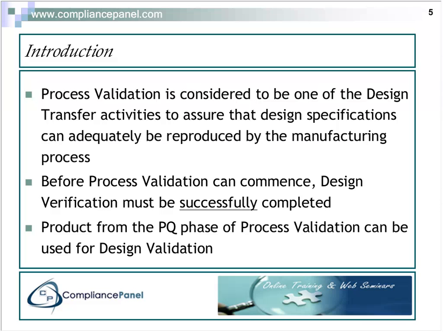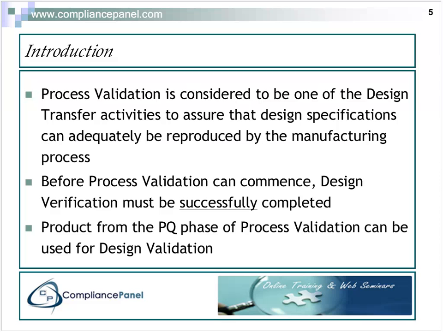Before we can implement or begin our process validation process, we must have a successfully completed design verification. That is, we must have an indication that our product as designed does meet those design input specifications that we originally started out to do.